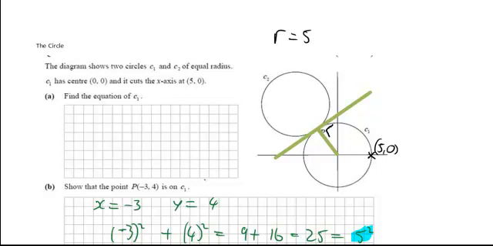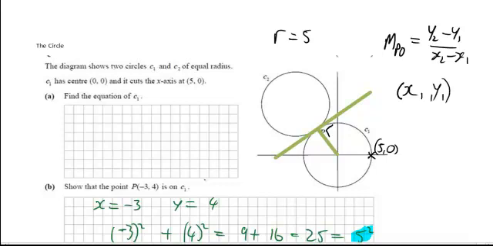So if I find the slope between P and 0, the origin, the m of P0, I'll be able to find the line perpendicular to it because you just have to flip it and change the sign. So the slope of the line from P to 0 is always y2 minus y1 over x2 minus x1. You could go rise over run as well, but I think this way is just a little bit better. And we've got our two points, x1, y1 and x2, y2.